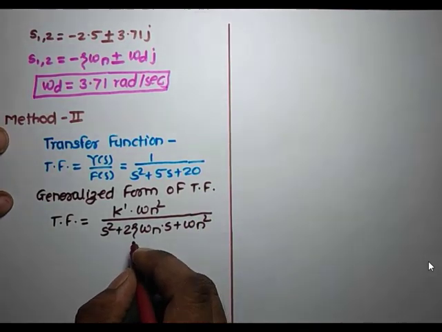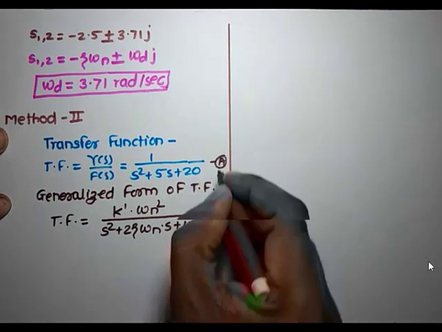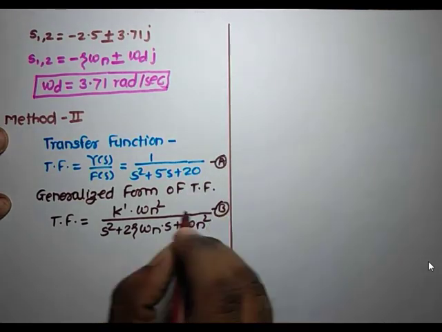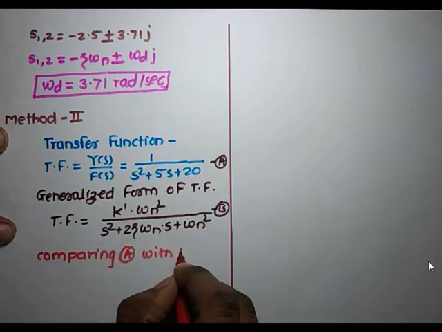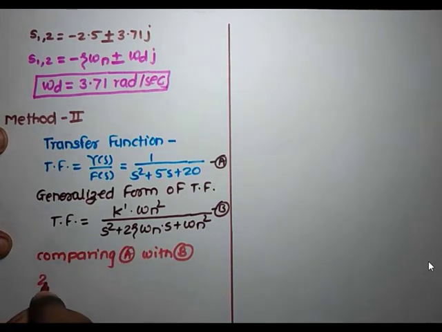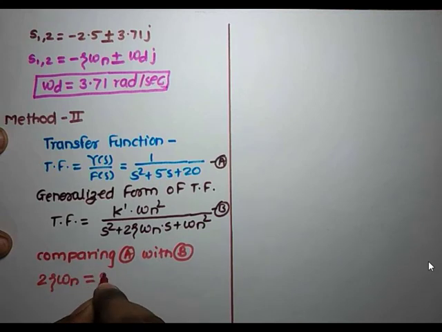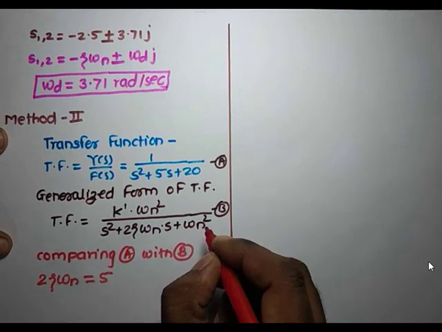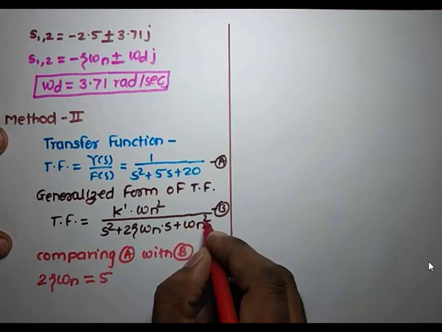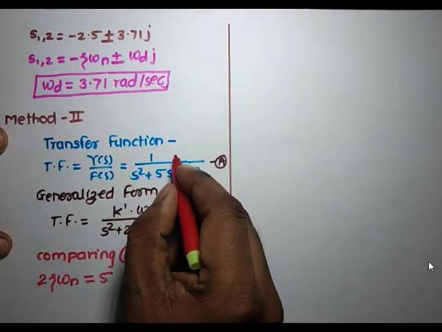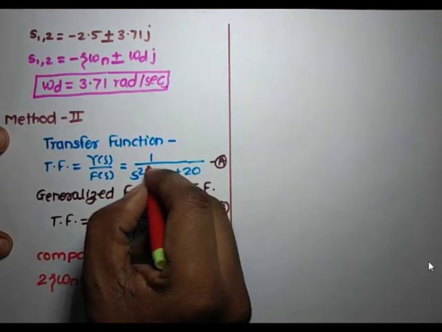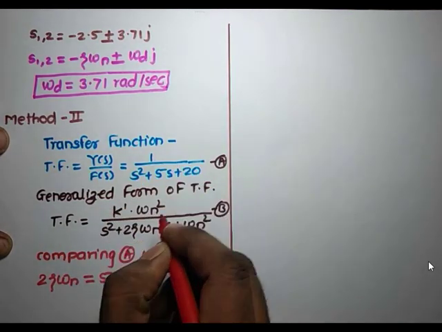What we are doing is comparing a transfer function with a standard transfer function. So comparing A with B, we have 2 zeta omega n is equal to 5, and here omega n square is there, but here we have to make a little bit of modification.